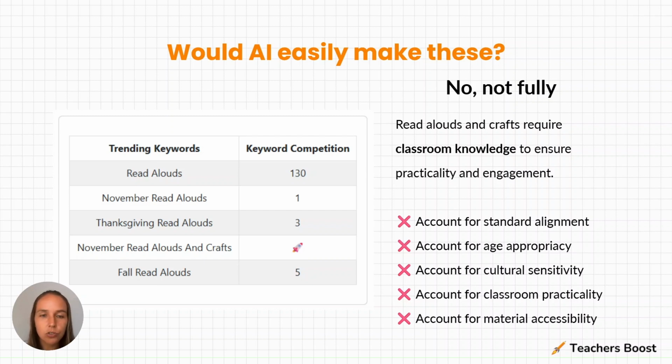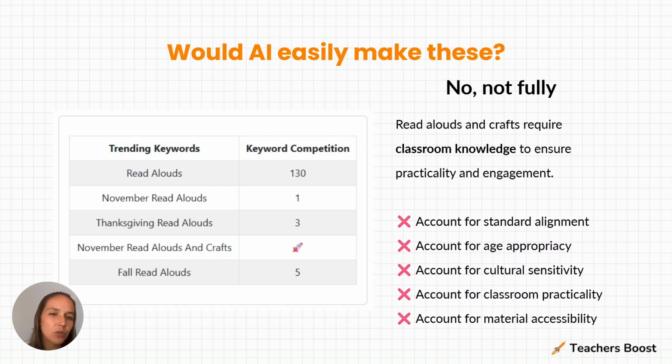It also would struggle to take cultural sensitivity and classroom practicality and access to materials into account. Again, these are things that only us as teachers would be able to think about logically because AI is smart, but it's never been in a classroom with 30 children trying to organize a craft activity, trying to keep everyone engaged, and still trying to meet school requirements.